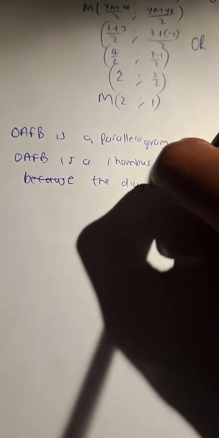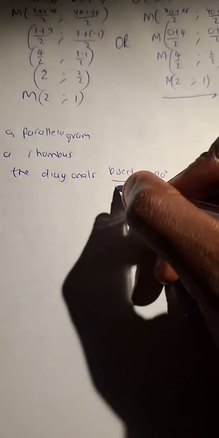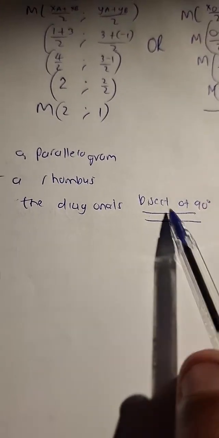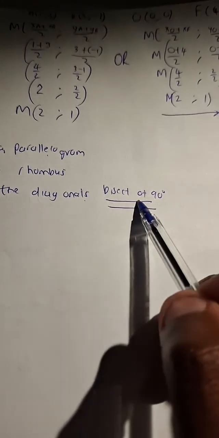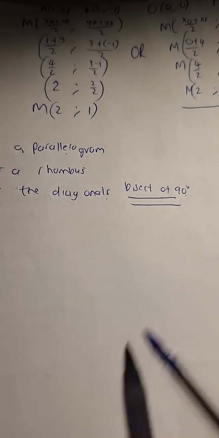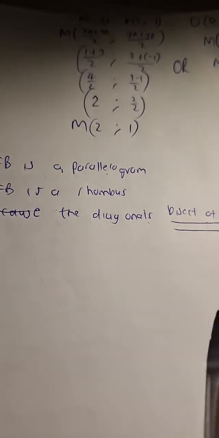Because the diagonals bisect at 90 degrees. This is what adds flavor to this parallelogram becoming a rhombus. It's the fact that the diagonals bisect at 90. The diagonals are perpendicular, additional to the fact that it's a parallelogram.